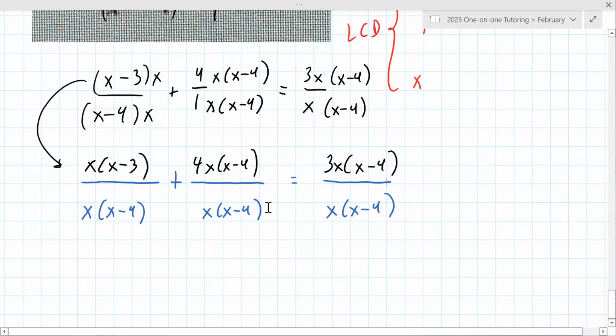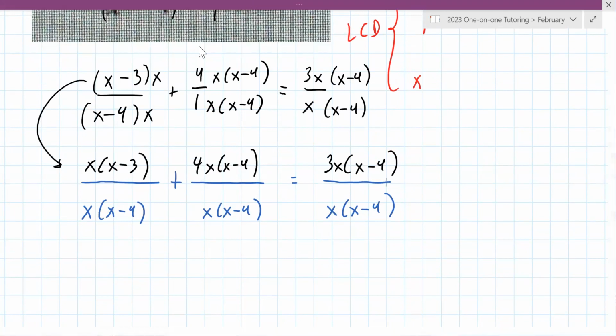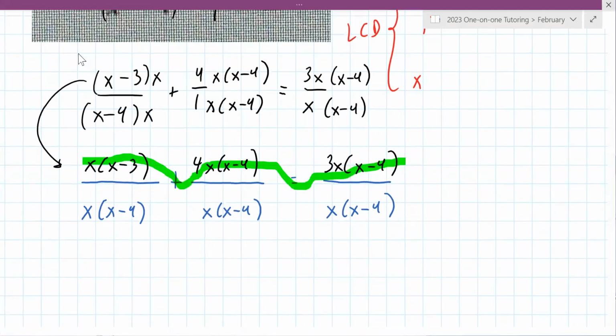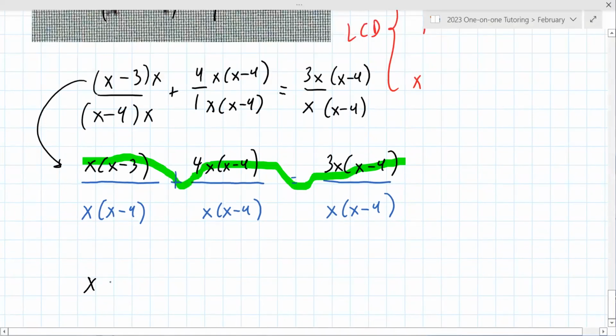Right. So now you just focus on the top. Focus on the top. So this becomes x times x minus 3 plus 4x times x minus 4 equals 3x times x minus 4, like that.